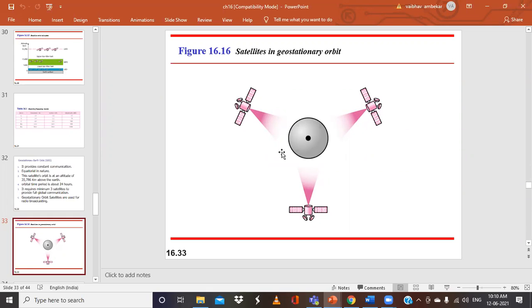Such satellites are called geostationary. Why are they called geostationary? Basically to have constant communication, and their speed is equal or almost similar to the Earth's speed. So we can have a constant signal and reliable communication. They are placed on a certain spot, and such satellites are called geostationary satellites.